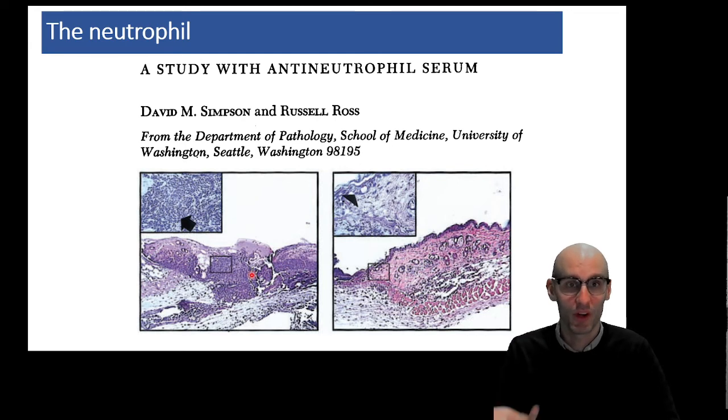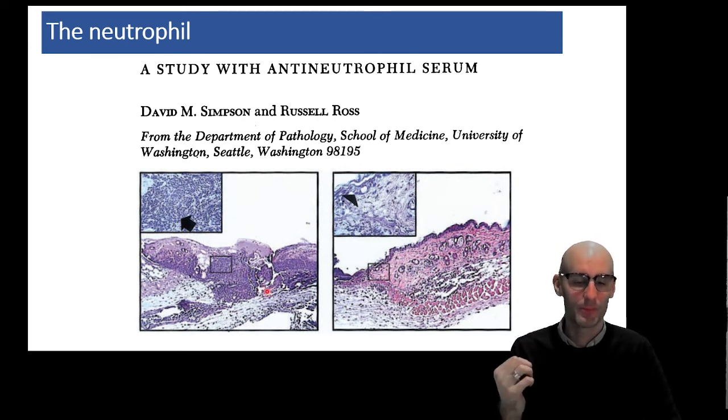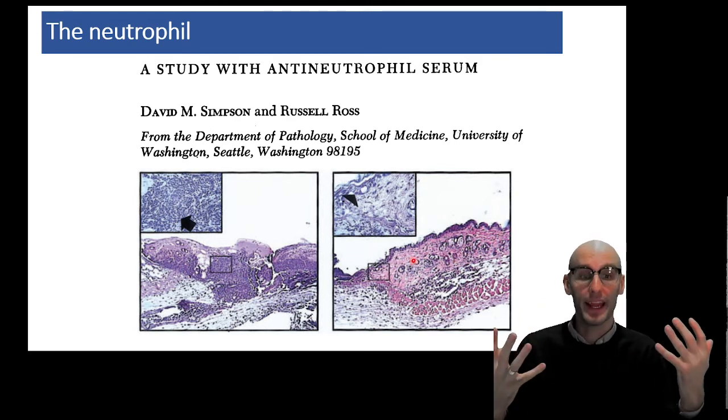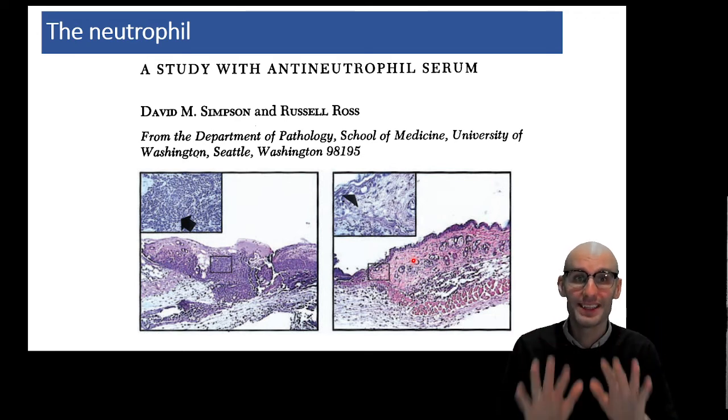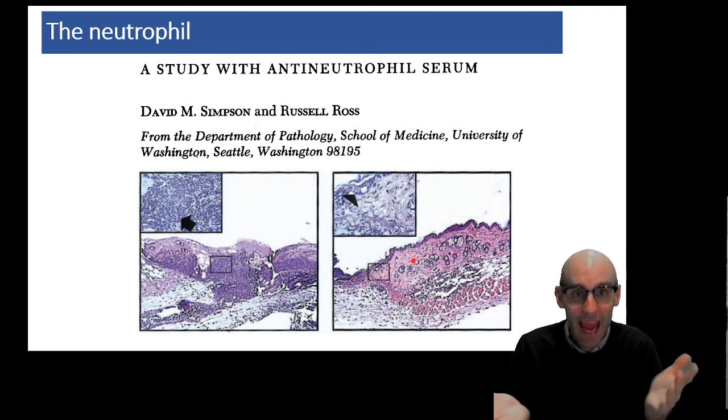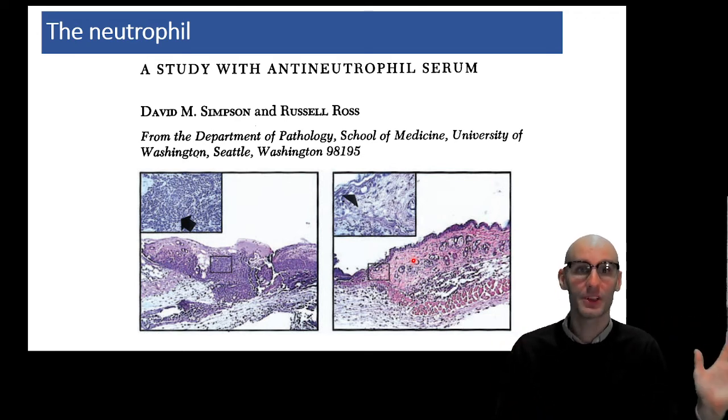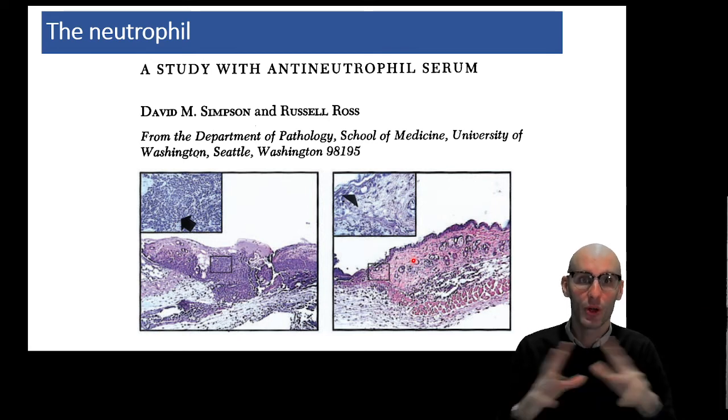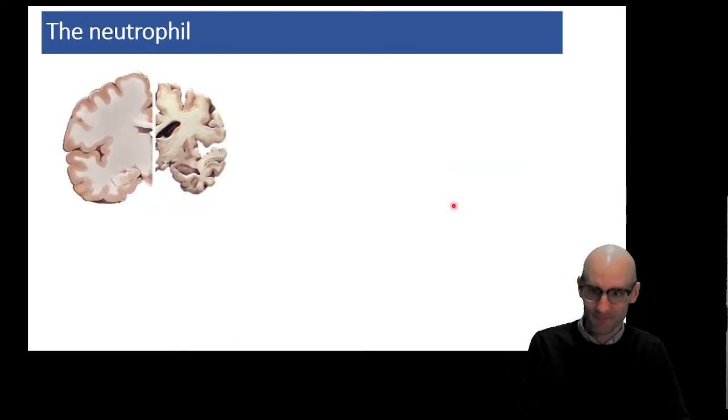We've still got an open wound, no epithelial layer formed on the skin, and it's packed full of neutrophils. Here we've got an epithelial layer. So it seems like neutrophils had slowed down the healing process, and they have, right? Because they come in and they nuke the place with these non-specific cytotoxic compounds.